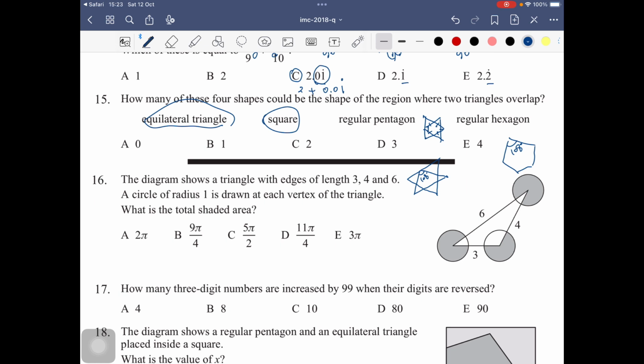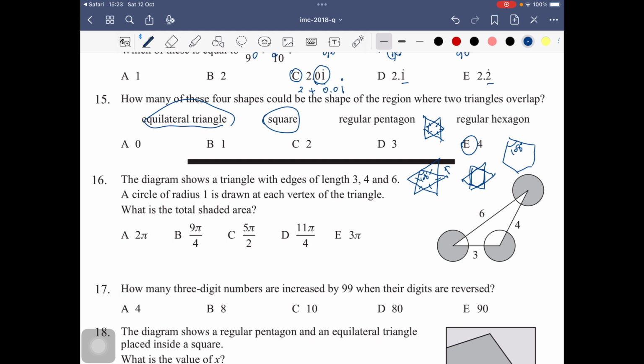This is 108 degrees, and if we can make this the same, then maybe we can make it. I guess so. But regular hexagon, if I push this up, let's say 1, 2, 3, 4, 5, 6. Ooh, we will make a regular hexagon. Okay, so in this case we can make all the shapes here.